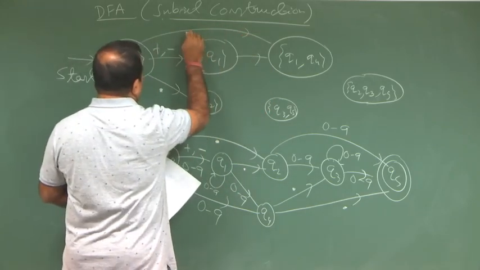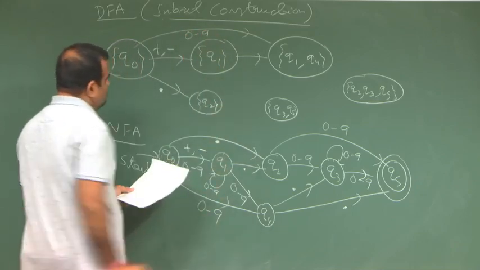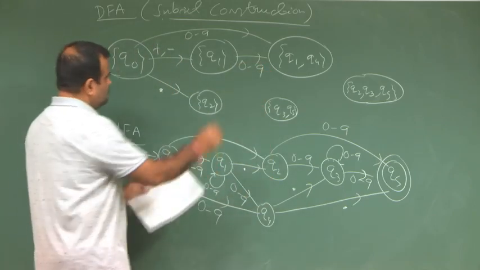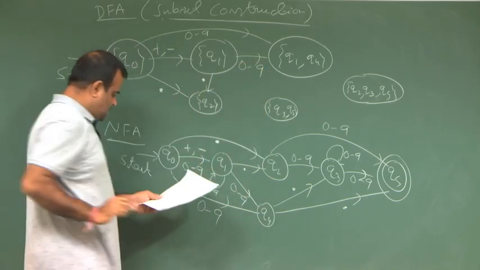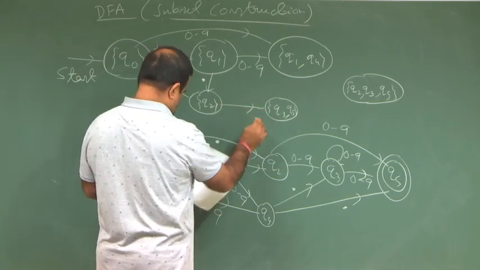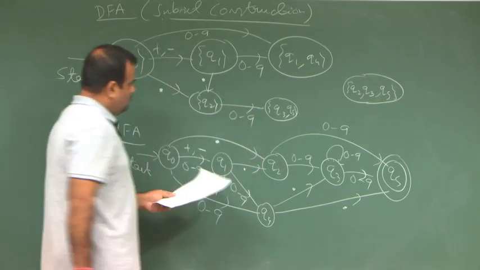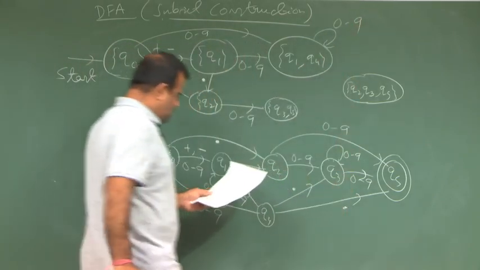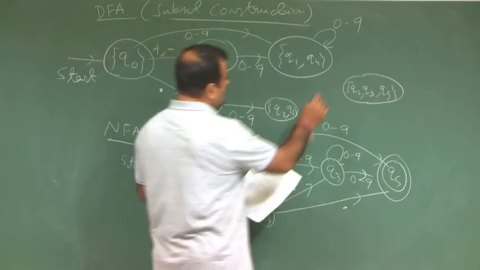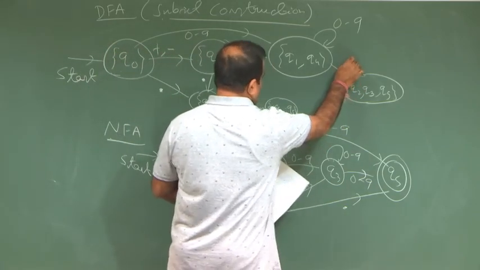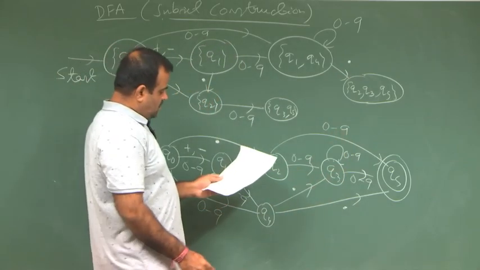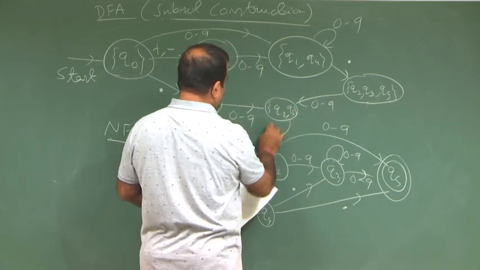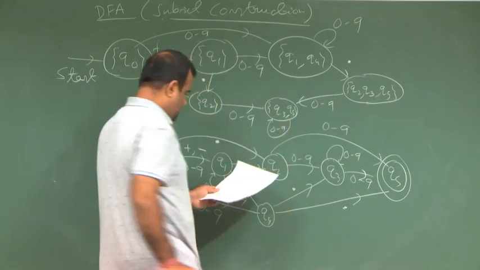If we see any digit 0 to 9 we go here, and if we see a dot we will come here, and from here, if we see 0 to 9 we will go there, and here also with 0 to 9 we hop there, and with dot we come here, and with 0 to 9 we go here, and 0 to 9 we hop there.